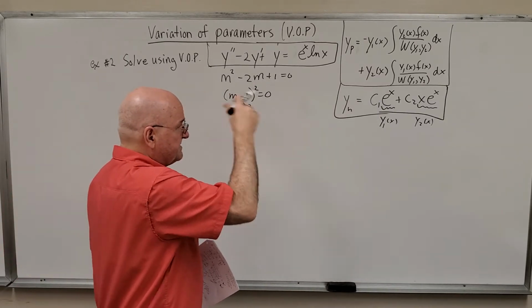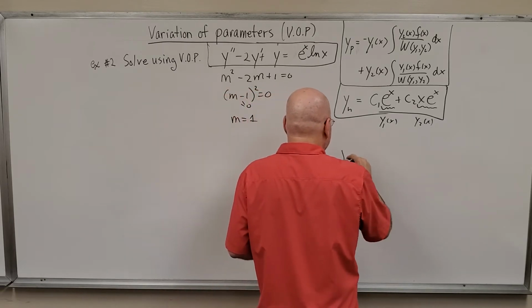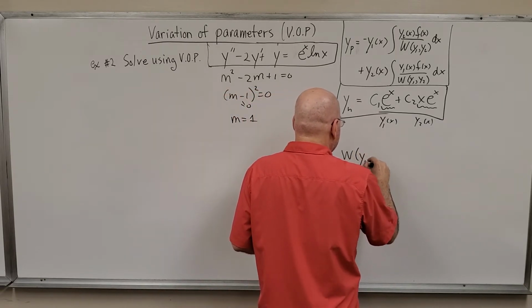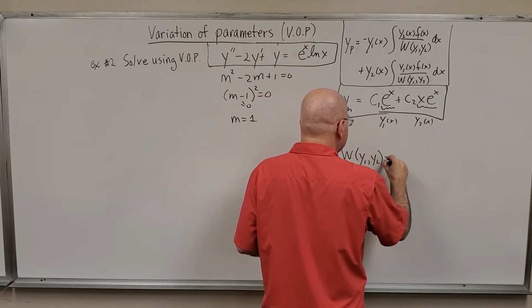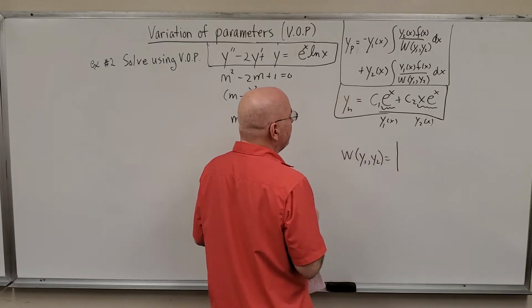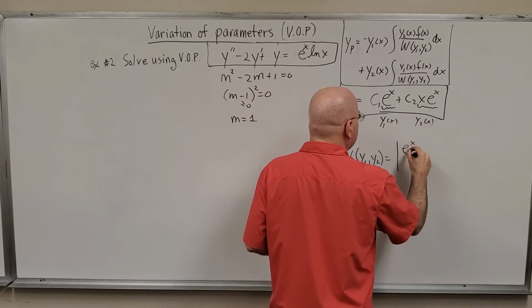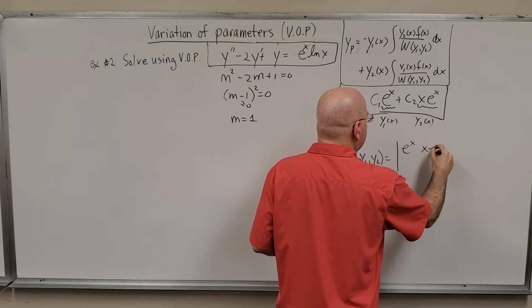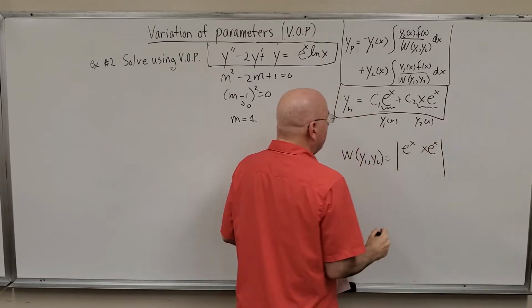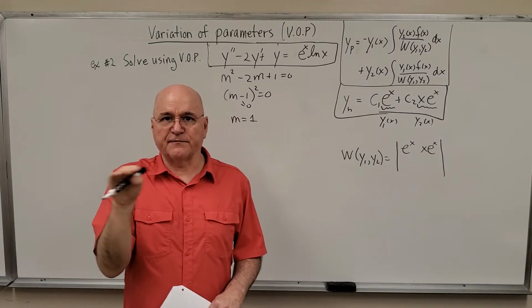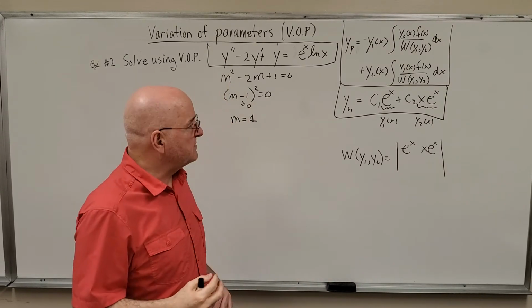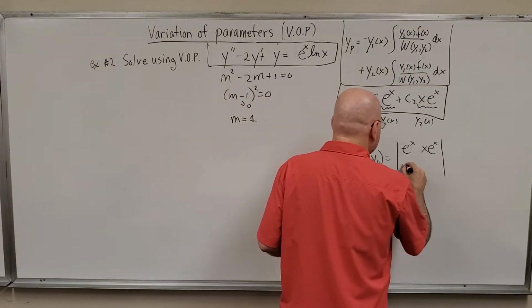Let's do like we did last time, and compute the Wronskian as the determinant of this matrix, where we take y1 and y2 as the first row, and the second row is their derivatives.